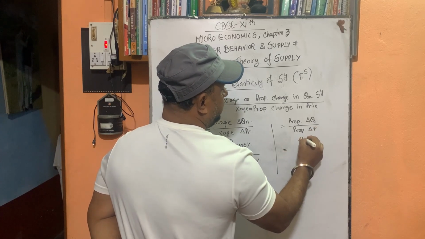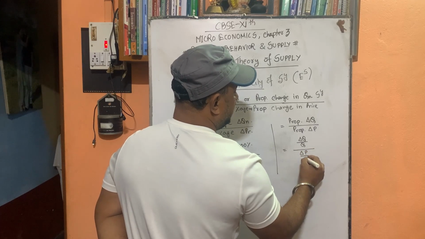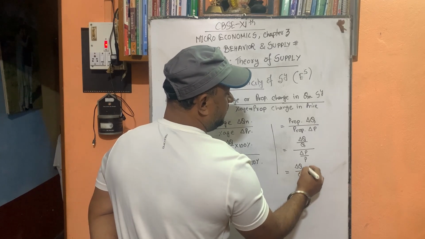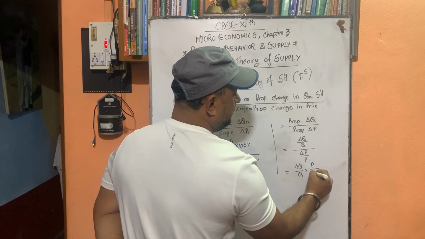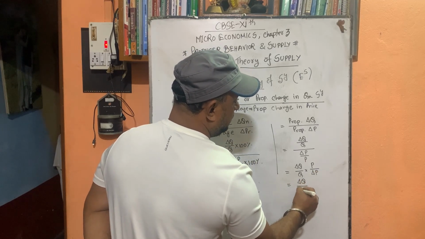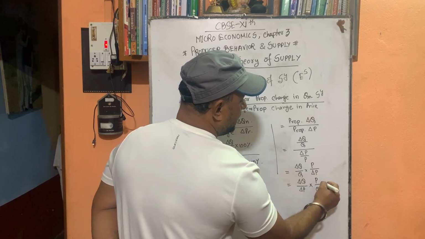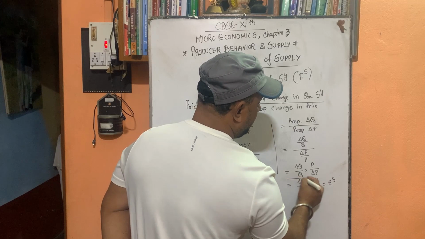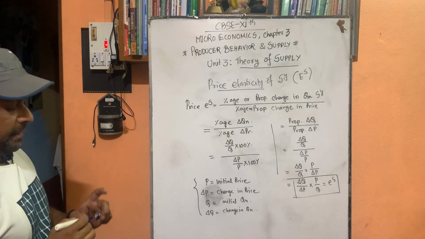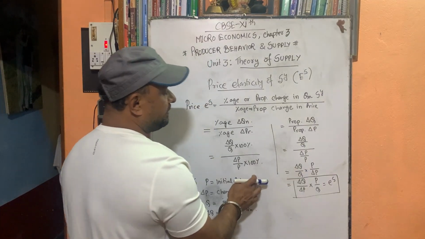It is delta Q by Q over delta P by P. If we simplify, the denominator becomes reciprocal, P comes up, and delta P goes down. Simplifying, we keep the deltas on one side: delta Q by delta P, and P by Q. This is the main formula of price elasticity of supply: proportionate method, delta Q by delta P into P by Q. This is the proportionate method, and this is the percentage method.